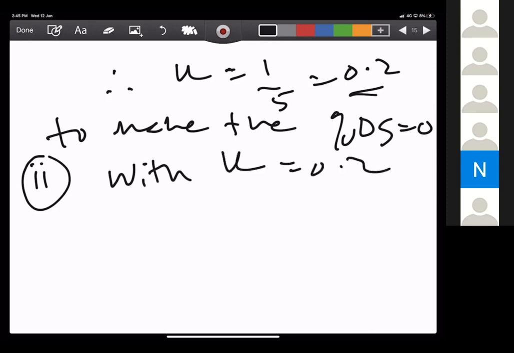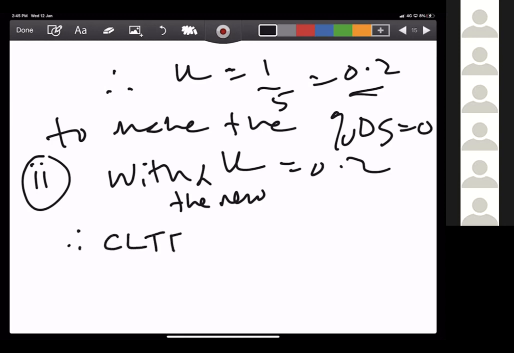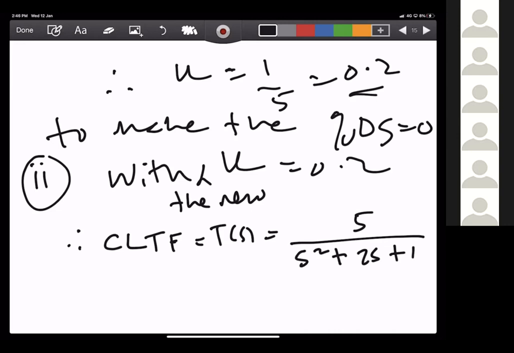Not here. Saiban, how to analyze when K is equal to 0.2? Yeah, I'm not really sure.